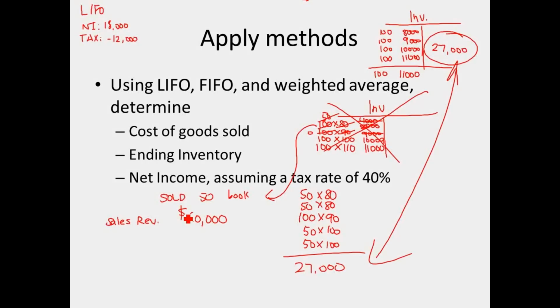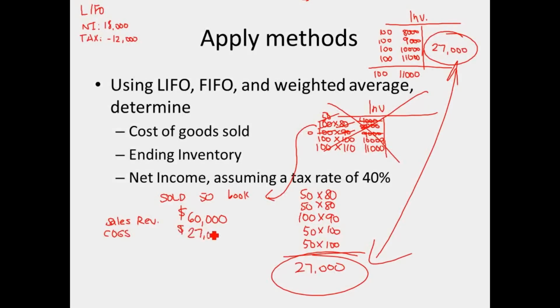So it doesn't matter how much it costs the bookstore. You paid 60 grand. The only difference is now I'm pretending that I sold the first ones in rather than the last ones in. But as I told you, I don't know which ones I actually sold. I just have 100 books still sitting on my shelf, and I don't know which ones they are.